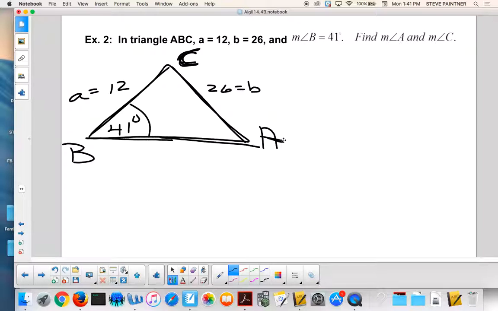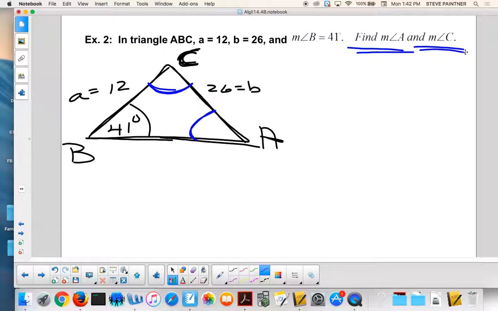First, you got to be able to draw it. If you can't draw it, it's hard to do. Find angle A, find angle C. Always assume there's 2 triangles.